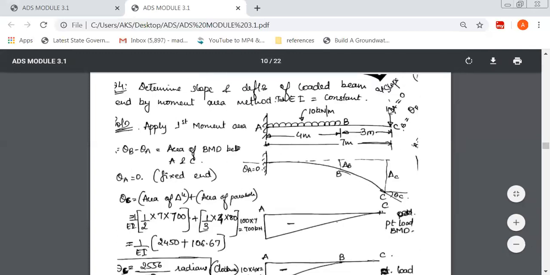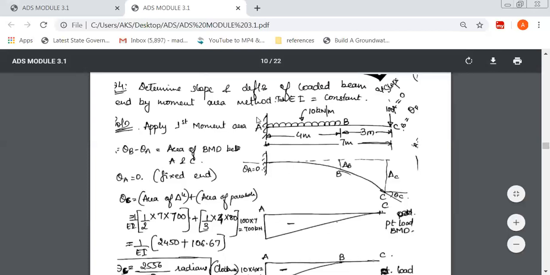So it is 100 into its perpendicular distance, 7. So from A to C, at C it is 0, and the 100 kilonewton force into its perpendicular distance, that is 100 into 7, that is 700 kilonewton meter.